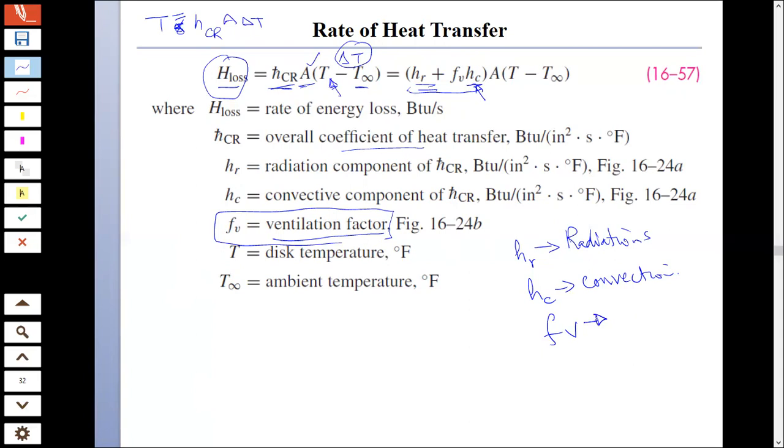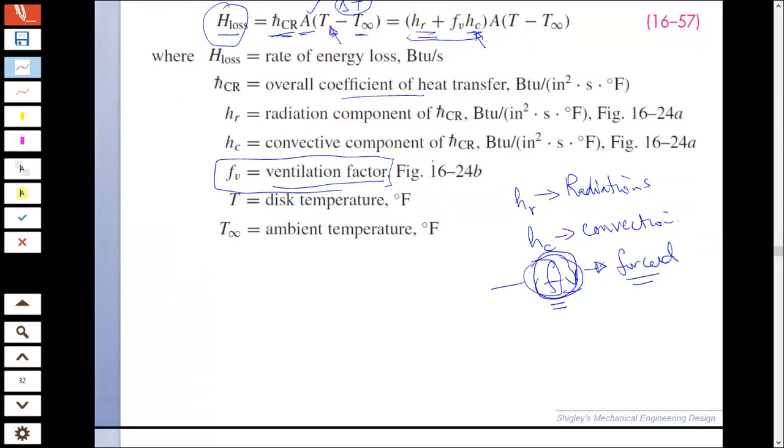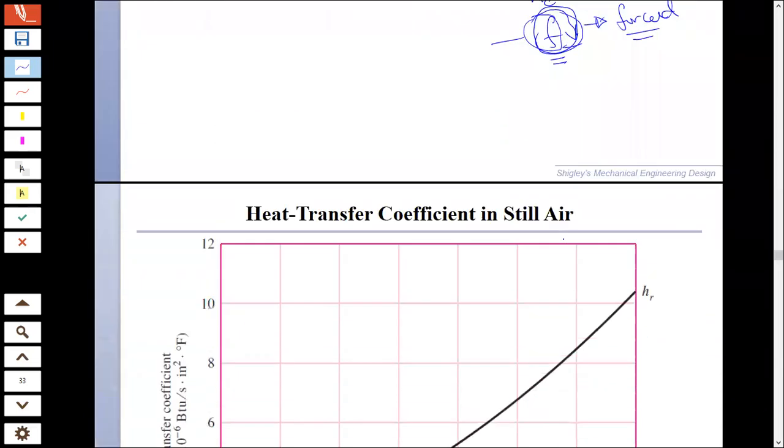But still, it has something to do with forced convection. Forced convection means that if there is air passing through the component, it is going to speed up the convection, and this FV depends on the velocity of the air at which it comes in contact and passes over the component.